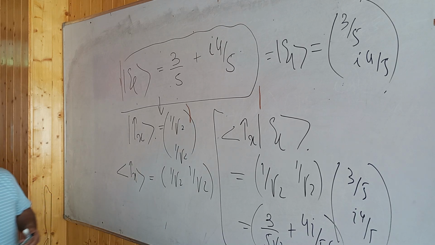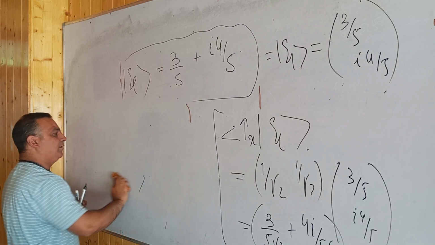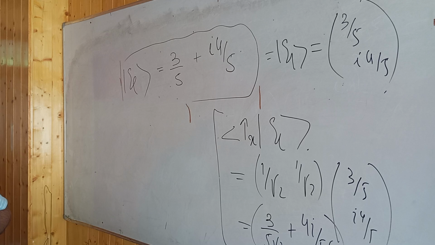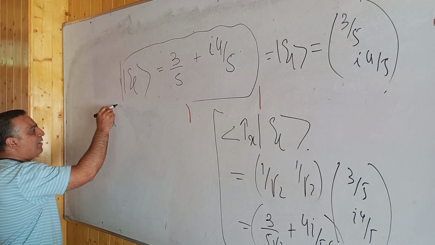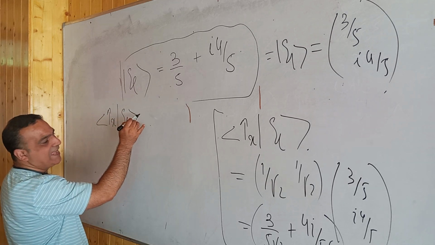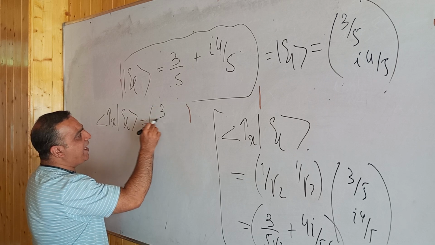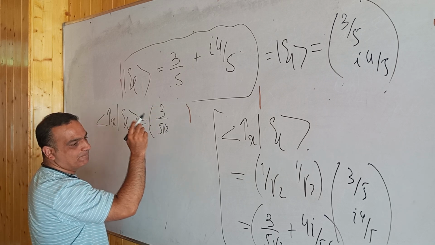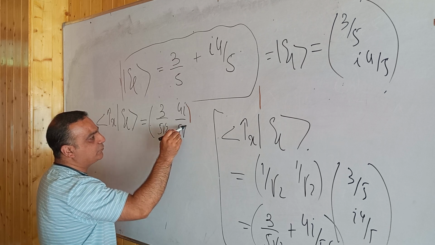So what I have obtained is my spin up along x acting on the state vector zeta, leading me to 3 by 5 root 2 and 4i by 5 root 2.